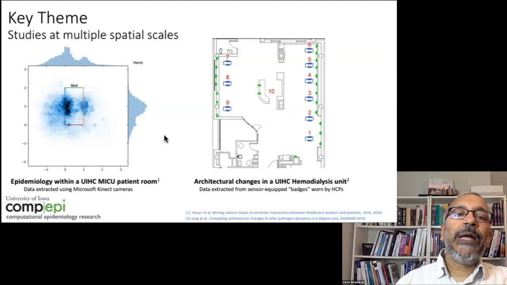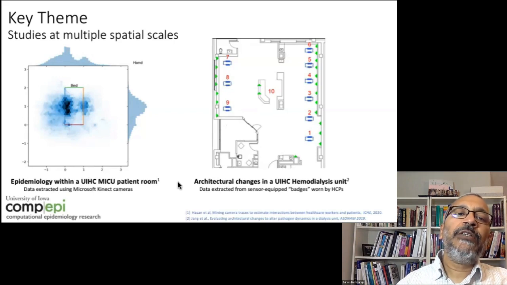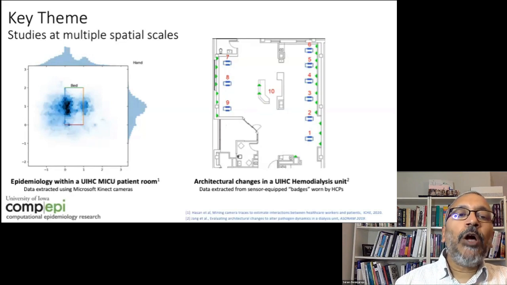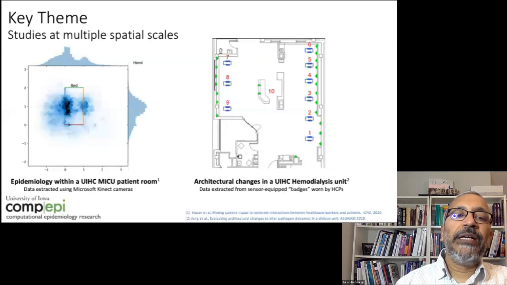And in this study, we are primarily interested in figuring out if there are changes we can make to the architecture of this dialysis unit in order to impact the way in which care flows and therefore impact disease spread itself. And I'll talk quite a bit more about this particular study later on.